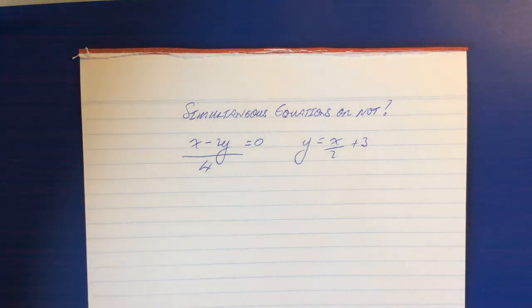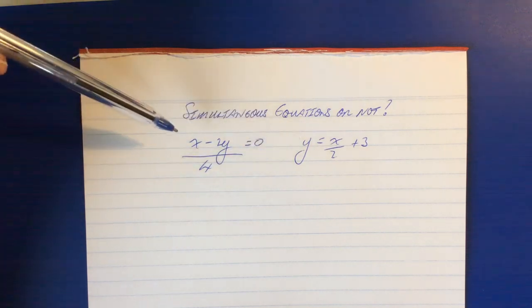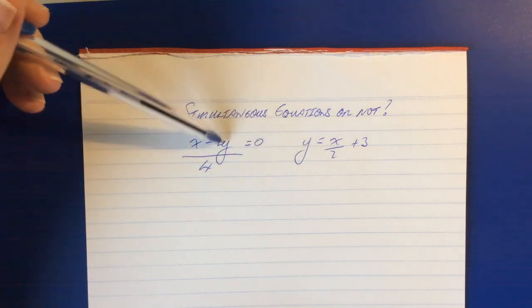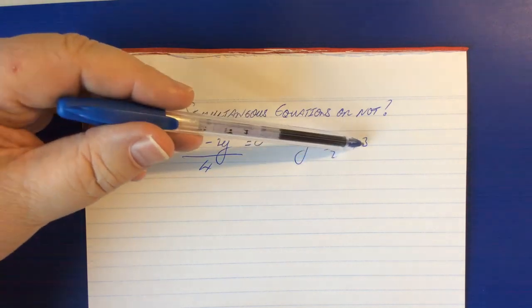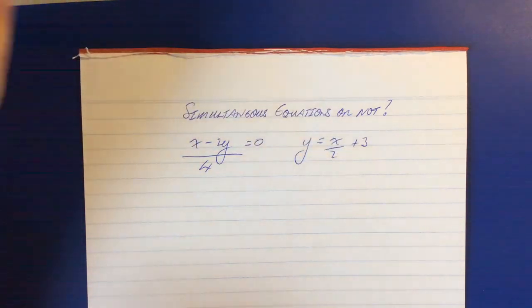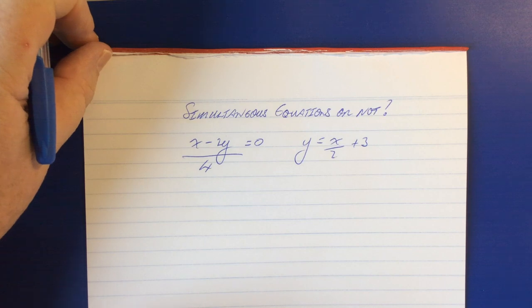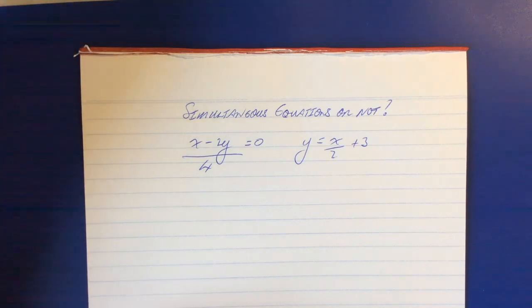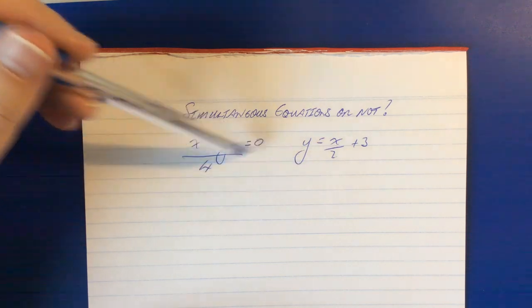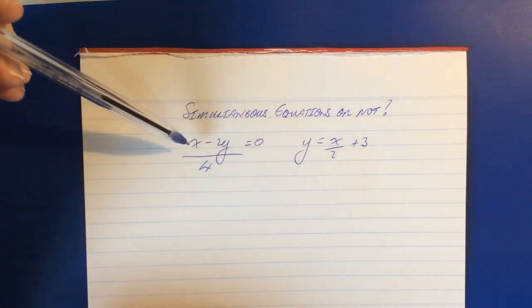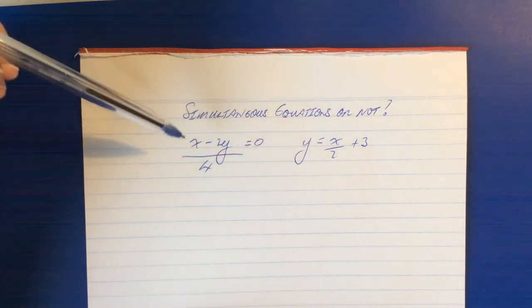So we've got two equations here: x minus 2y on 4 equals 0, and y equals x on 2 plus 3. Now, if these are indeed simultaneous equations, we can solve them either by substitution or, I guess, elimination.